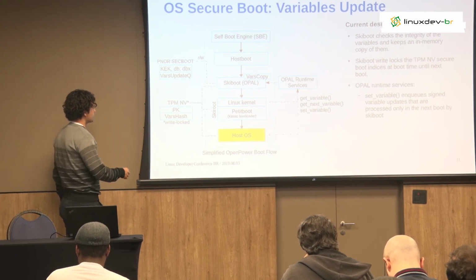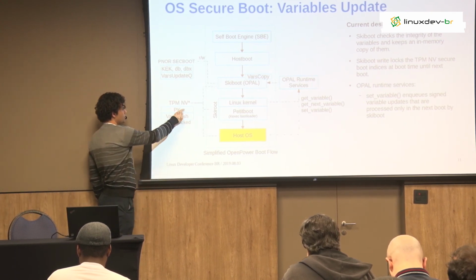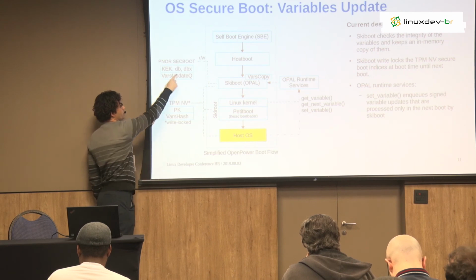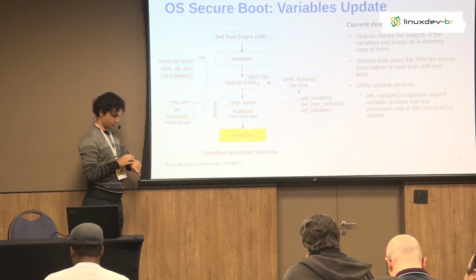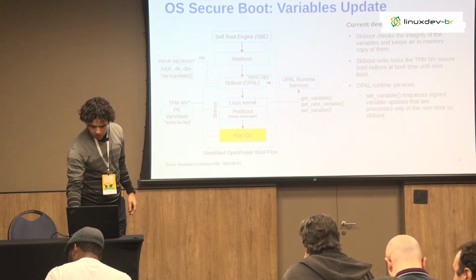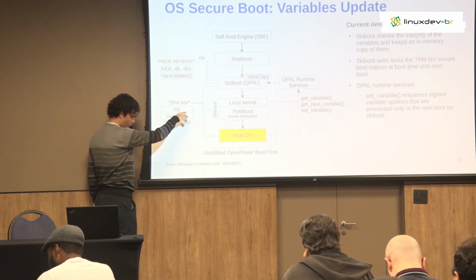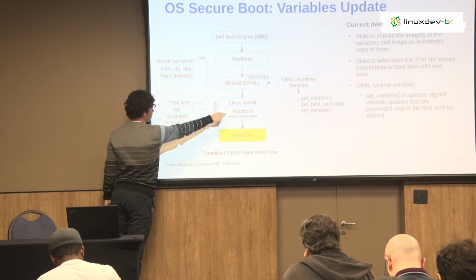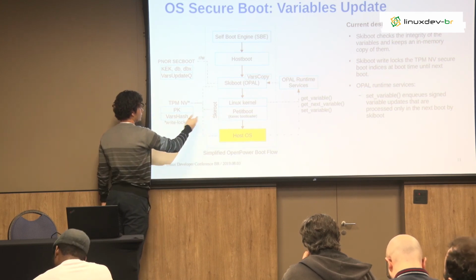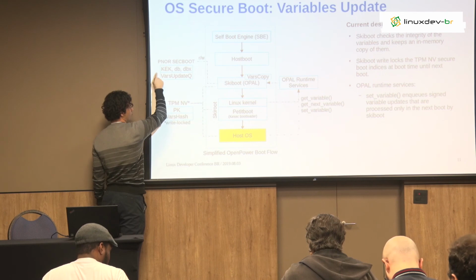As I said, here in the protected memory we have the hash of these keys. Before secure boot, before these keys are consumed, I first need to check this hash.